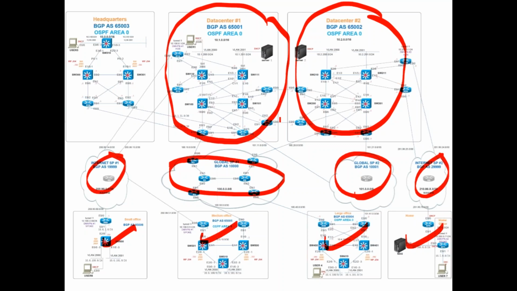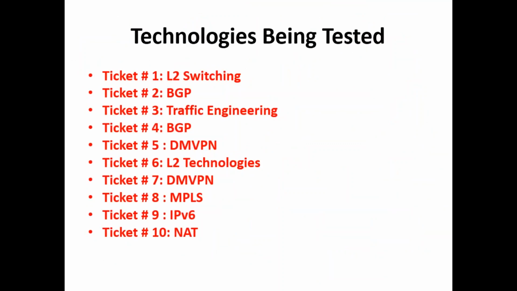And by the way, the technologies which are being tested ticket-wise in this second troubleshooting scenario are summarized over here. Ticket number 1, L2 switching. Ticket 2, BGP. Ticket 3, traffic engineering. Remember, this traffic engineering is not MPLS traffic engineering. It's traffic engineering based on simple metric cost of OSPF, right?